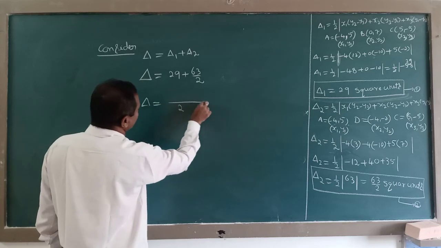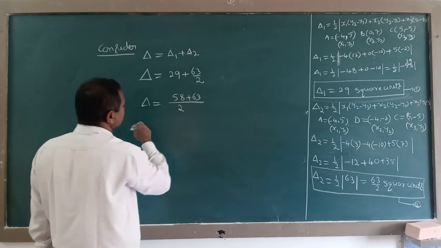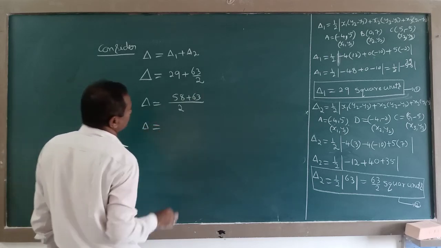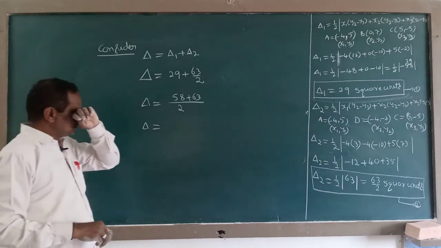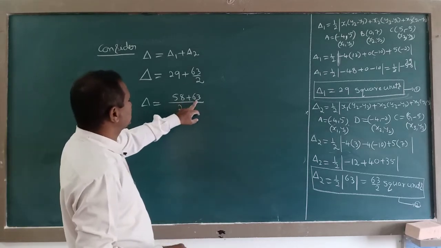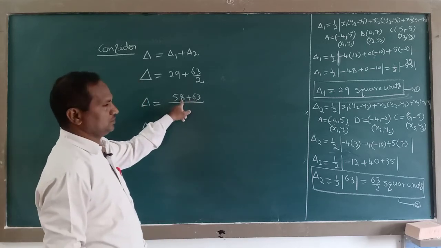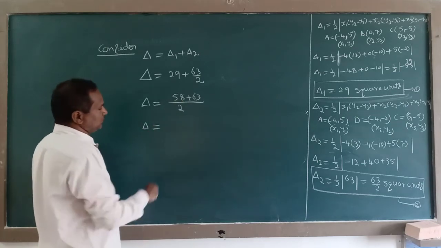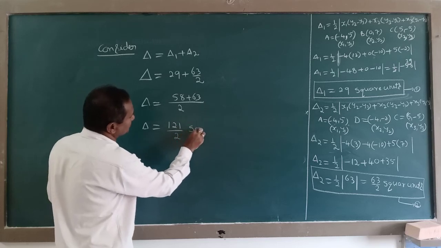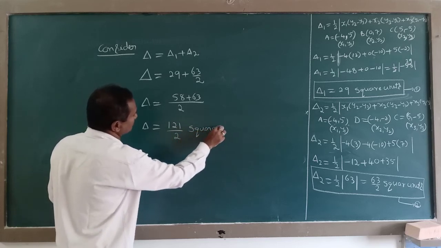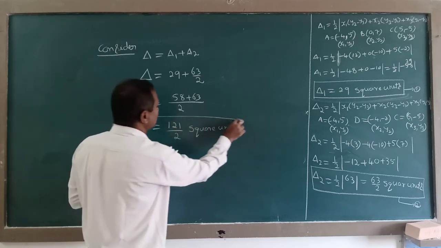The LCM is 2, taking cross multiplication, 58 plus 63, which is 121. So the answer is 121 by 2 square units. It is the required answer for this question.